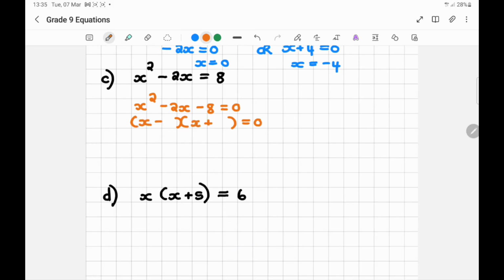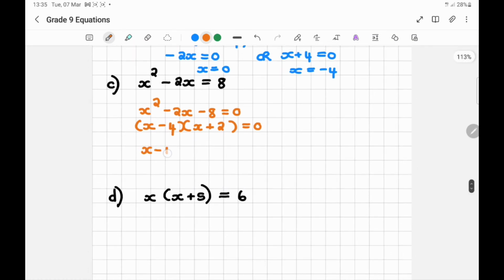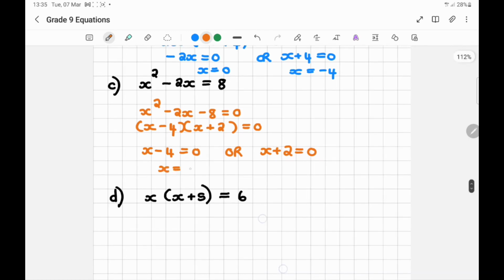The first one's a minus, and 4 times 2 gives you 8, and minus 4 plus 2 does give you that negative 2. And then you're going to make each bracket equal to 0. You'll see later on that you can skip this step, because you can just see that you just do the inverse of x is negative 4, so x is 4. Okay, so x is either 4 or x is negative 2.